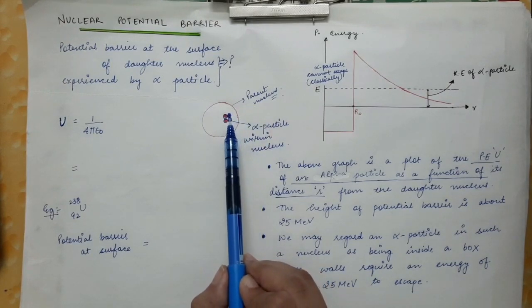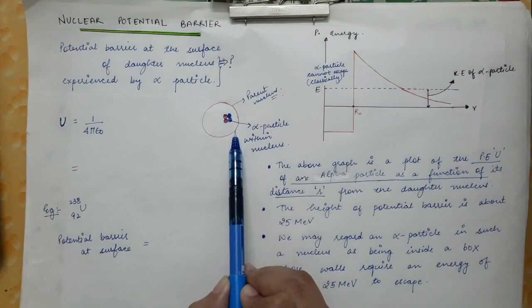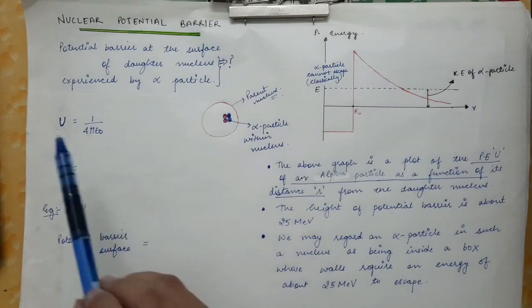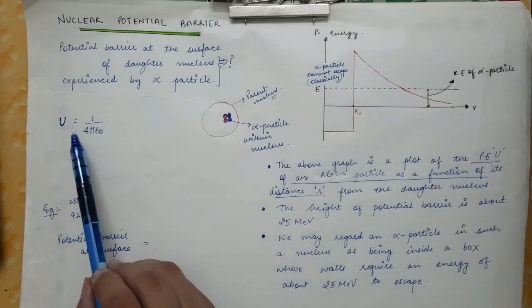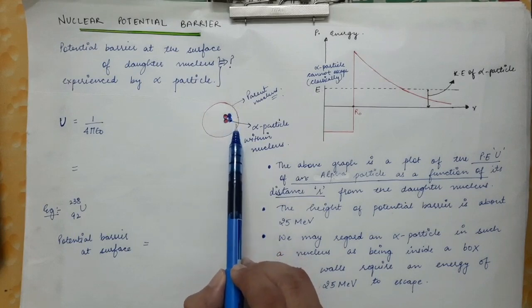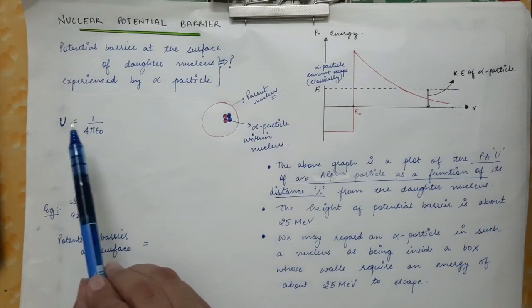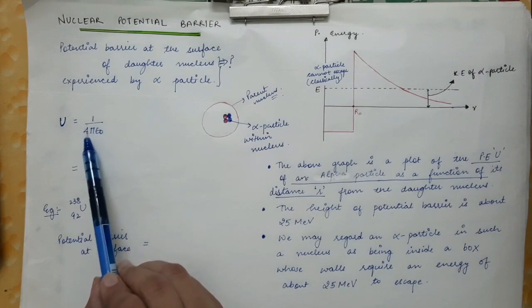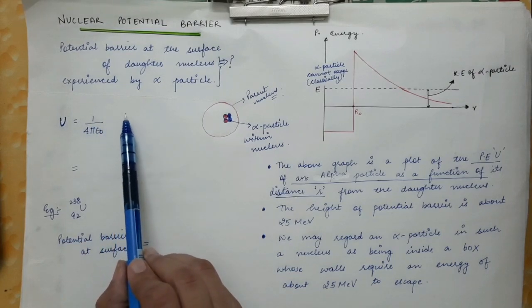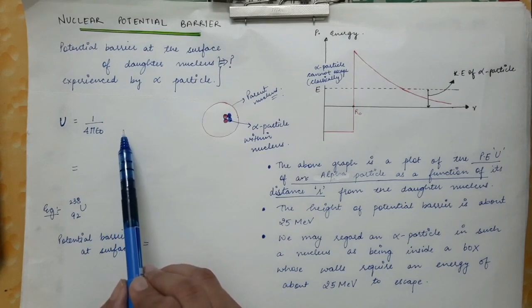So first of all, we are going to find the potential energy experienced by this alpha particle at the surface of the nucleus. Potential energy is given by the formula 1 by 4 pi epsilon naught, q1 into q2, divided by the distance between the two charged bodies.